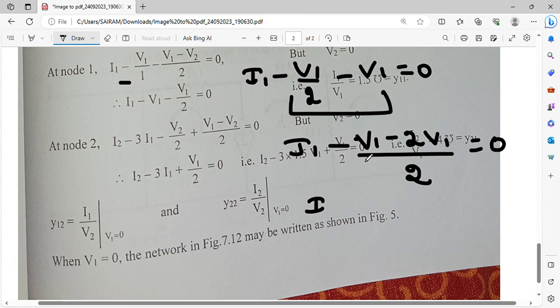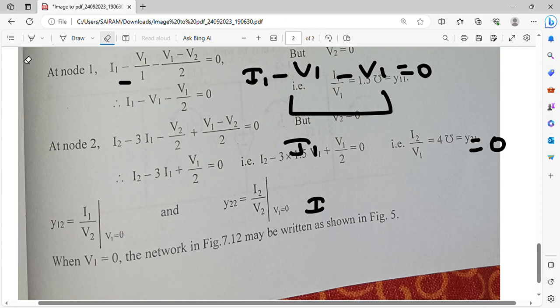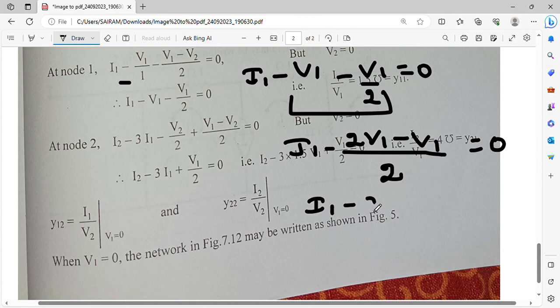If I write it in a proper manner, here it is V1, here it is minus V1 by 2, right? So I'll consider this 2 over here, and it is minus 2V1 minus V1. So what am I going to get? I'm going to get 3V1 equal to 0, right?